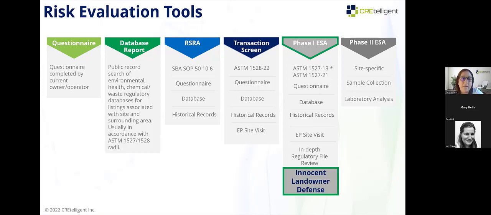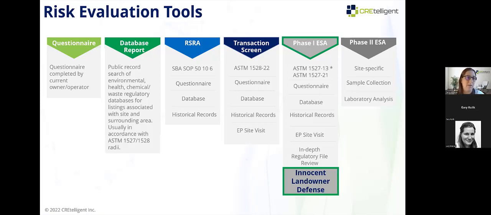The database report is the next level of screening that is used, and this looks only into the listings that are on record with regulatory agencies. So just because there aren't listings in a database report, it doesn't mean there aren't problems.